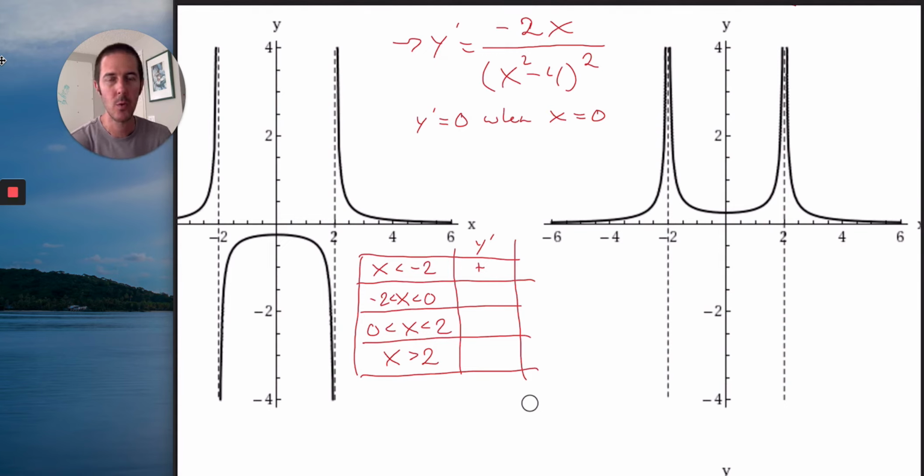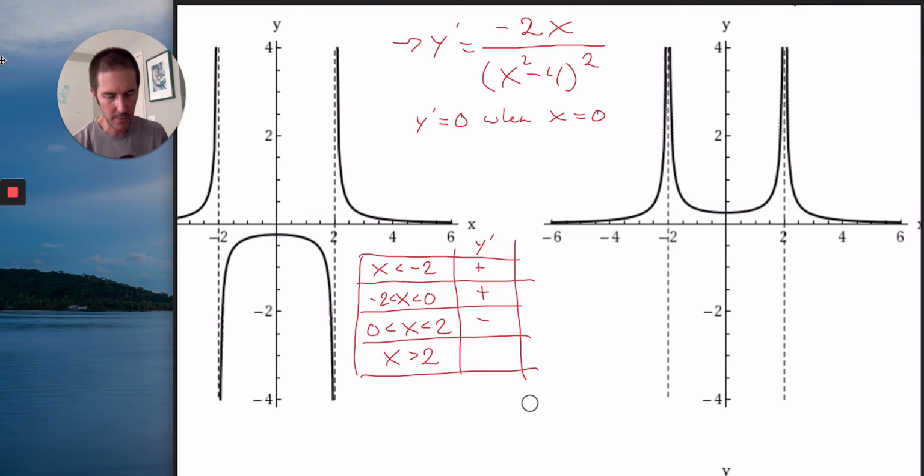How about negative 1? Negative 1 up here times negative 2, still going to be positive. What about now an x value of positive 1, on this next interval? Positive 1 times negative 2 is negative.